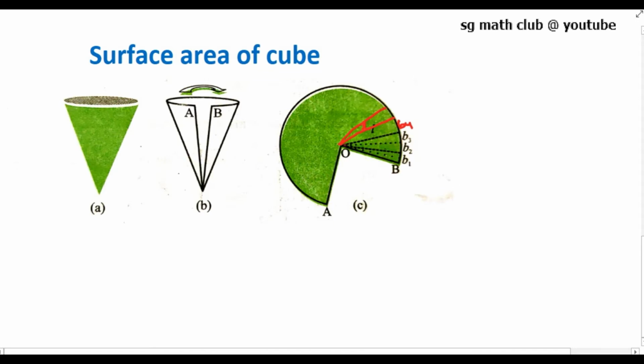We know the area of each small triangle is half into base into height. The area of the first triangle will be half b1 into l, and the area of the second triangle will be half b2 into l.